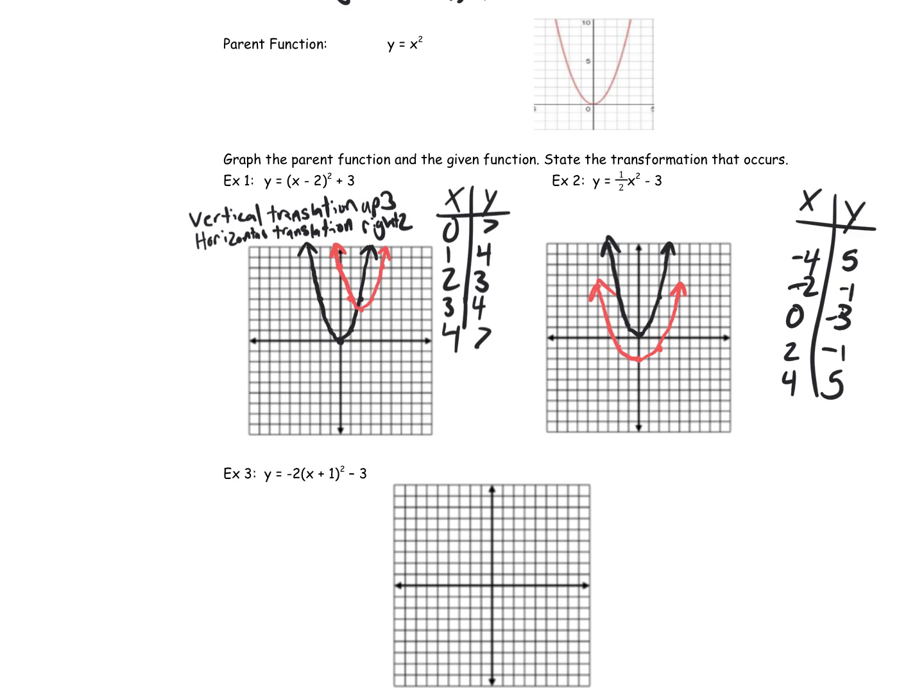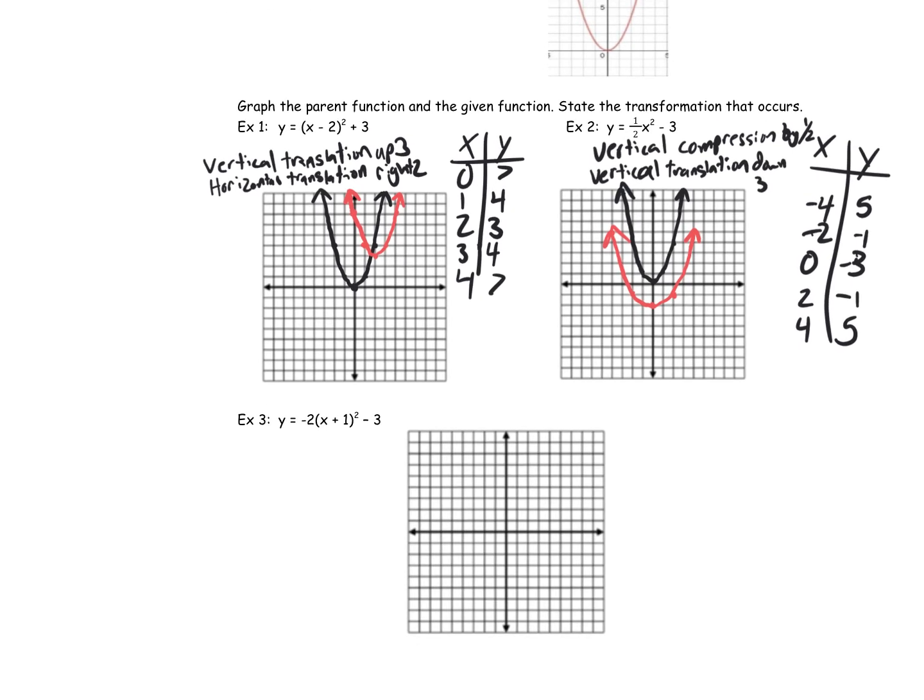And you can see that it has been vertically compressed, a vertical compression by 1/2, and then a vertical shift, or vertical translation, down 3. And those are the transformations that have occurred there.